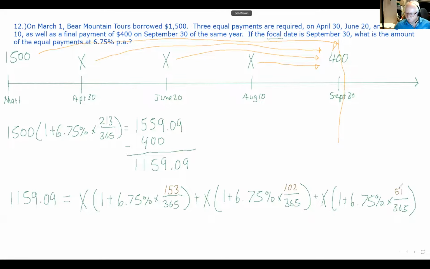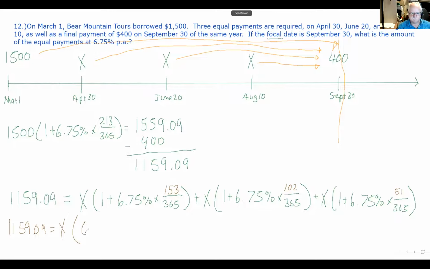So what we have to do is we have to factor out the X again. So it's going to become 1159.09 equals X outside of all of these things, because when we replace X with 1, it's going to basically disappear.